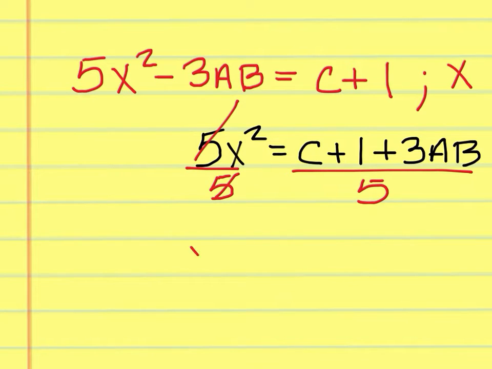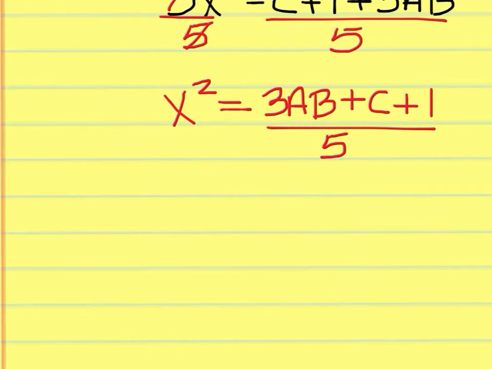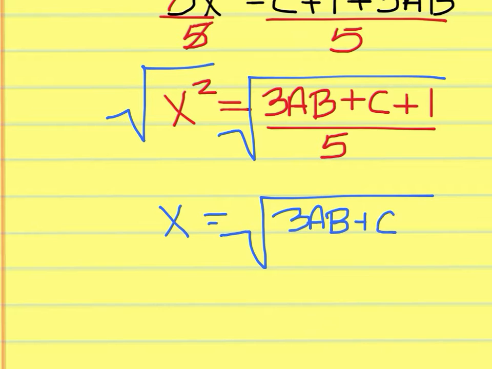These cancel out and you're left with x squared equals, and you can put this in somewhat of an alphabetical order, 3ab plus c plus 1 over 5. And then to undo the square, you need the square root of both sides. To get x equals the square root of 3ab plus c plus 1 over 5.